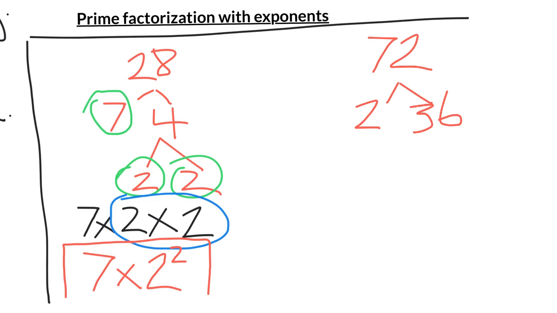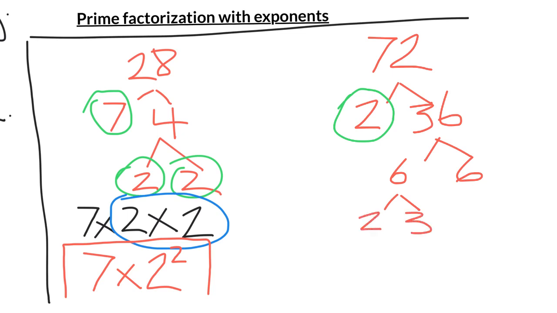Ooh, okay, so I like 36 because I know that 6 times 6 is 36. I forgot to circle my prime up here. So now 6 is not prime, so I need to break it down even further. So I'm going to break this into 2 times 3, and same thing right here, 2 times 3.